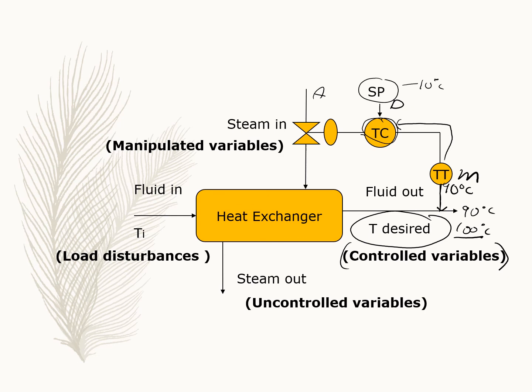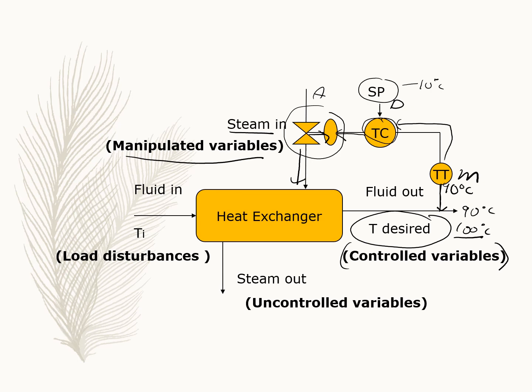So the controller will give the information to the final control element, also known as the manipulated variable. The controller will ask the final control element to open up the flow for more steam to flow inside the heat exchanger. Okay.